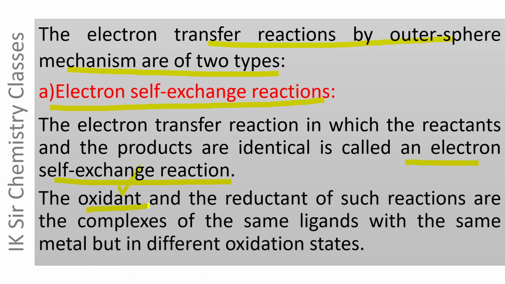The oxidant and the reductant of such electron transfer reactions are complexes of the same ligands with the same metal but in different oxidation states. It means the oxidant and the reductant of electron self-exchange reactions contain the same ligands and the same metal, but the oxidation state of metal are different in them.